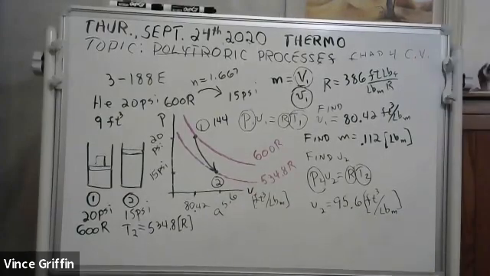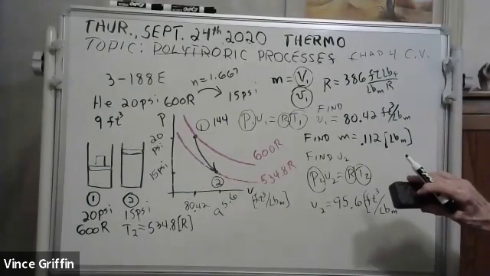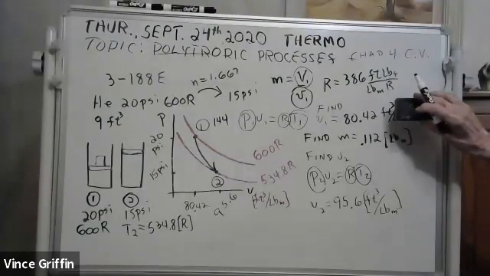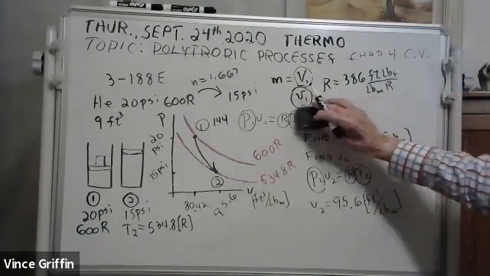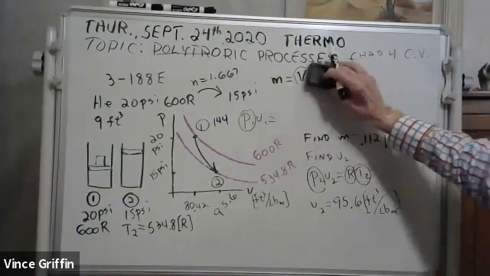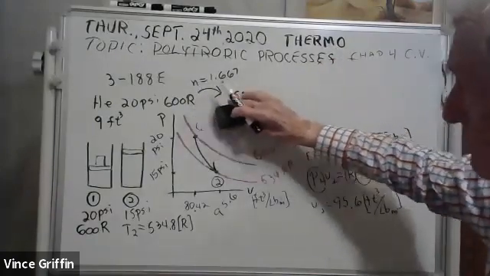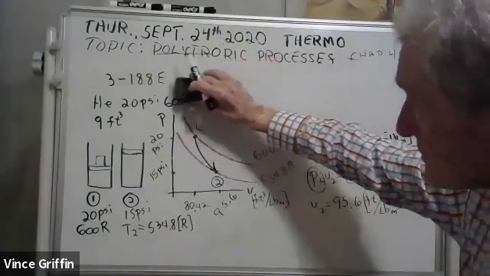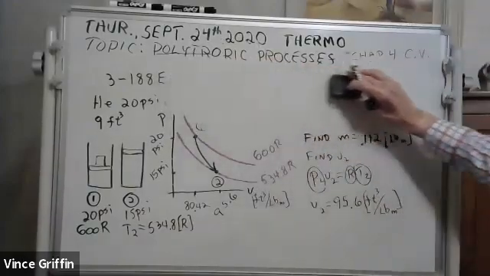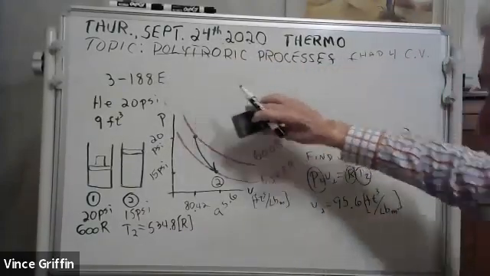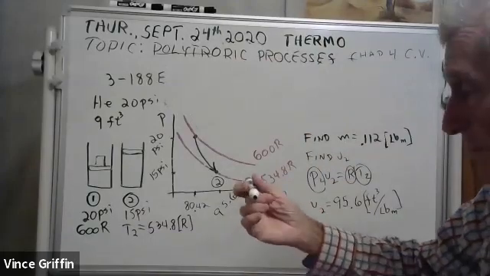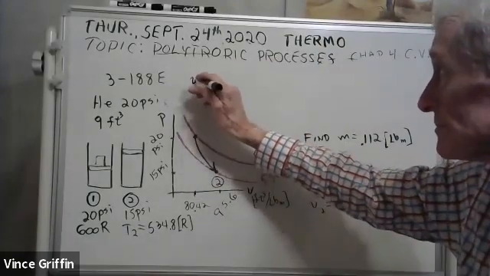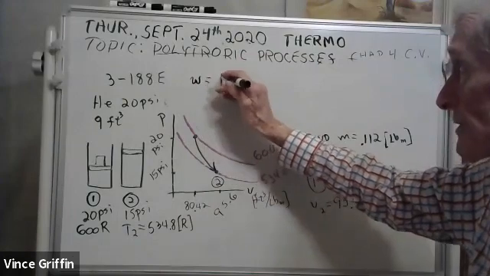Let's get to work now. To do the work, I need some room. Let us make some room here. Now we cooked up a lovely equation for work per mass. It goes like this.